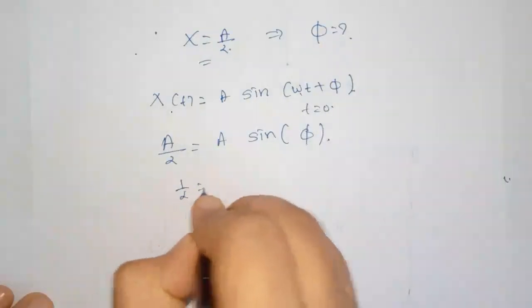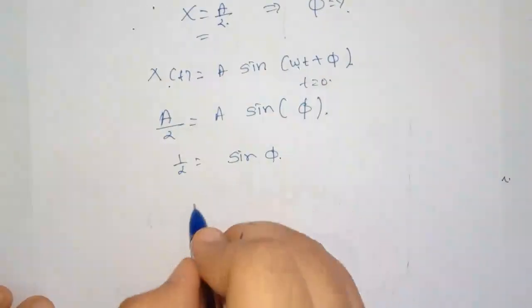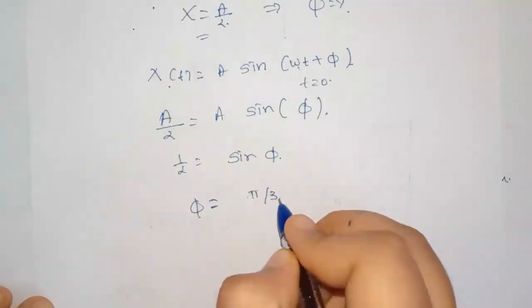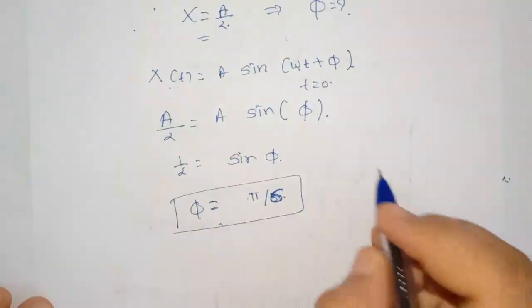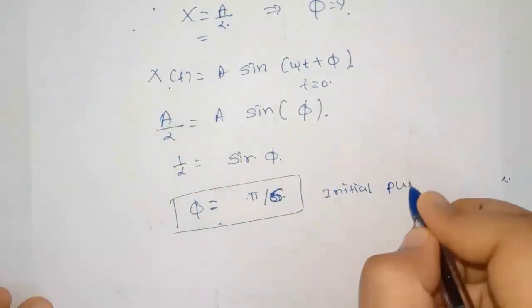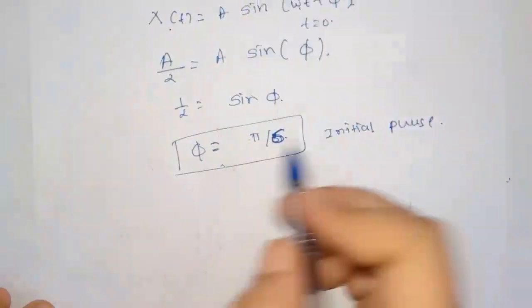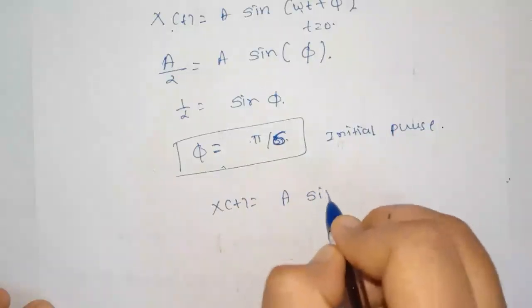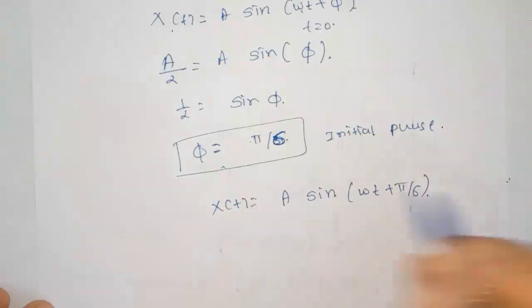So 1 by 2 will be equal to sine phi. So phi will be equal to pi by 6. So the initial phase will be pi by 6. So the function can be written as x of t equal to a sine of omega t plus pi by 6.